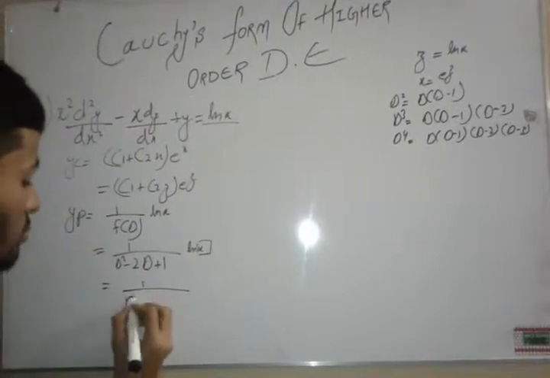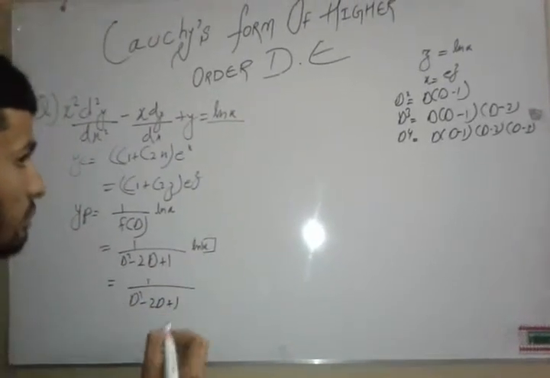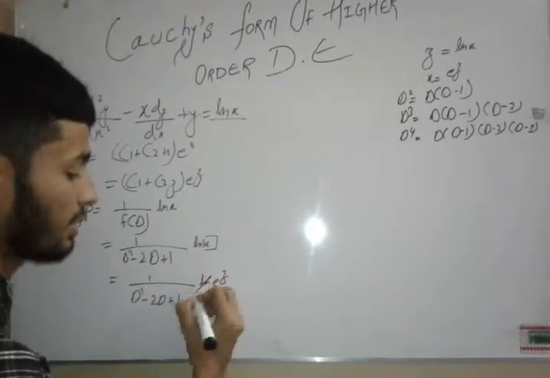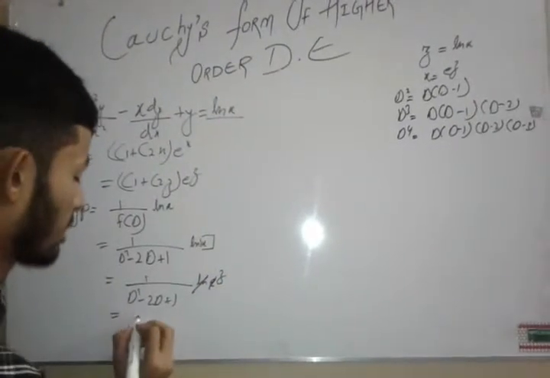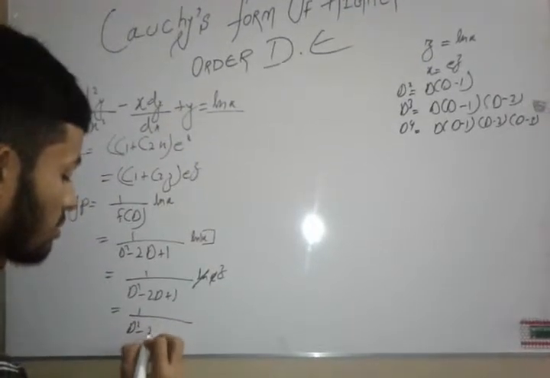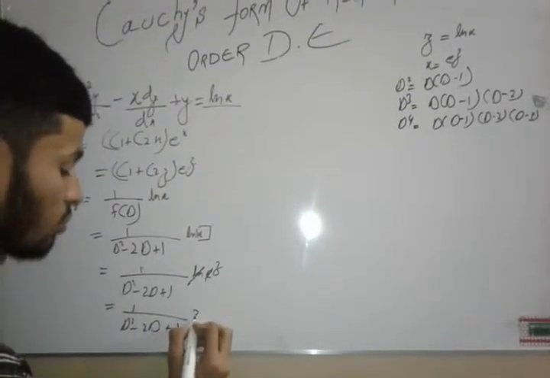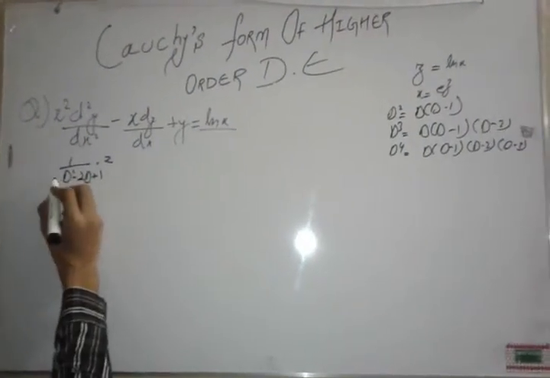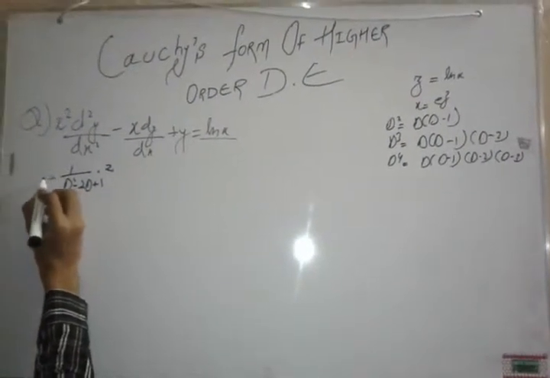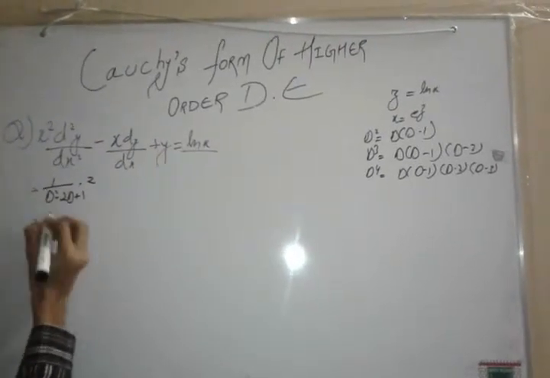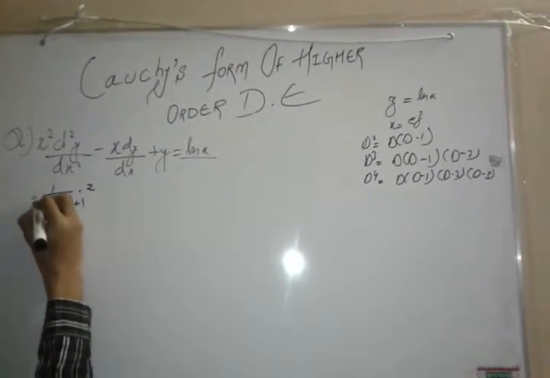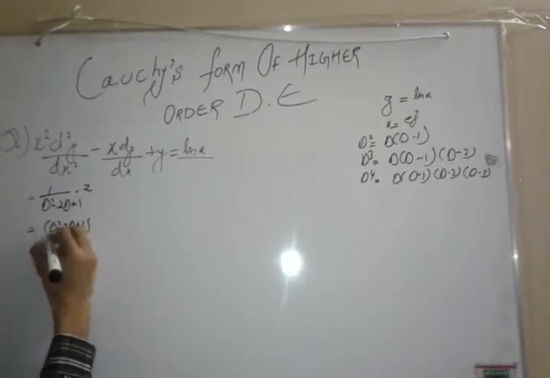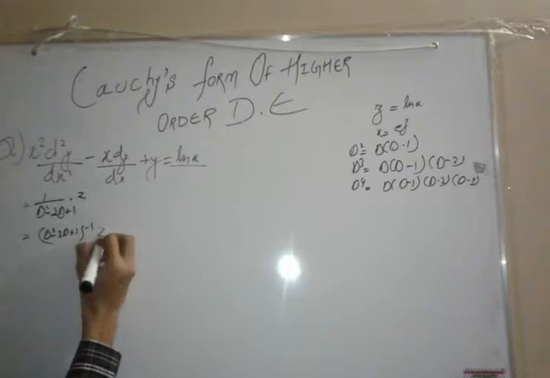As we know that x is equal to e to the power z, this ln and e will be cancelled with respect to the property, and we are left with only z. Now we have got an expression in the denominator, so we will try to solve it by binomial expansion. To take it into the binomial expression, we will take this term into the numerator. It will be (D square minus 2D plus 1) whole inverse on z.